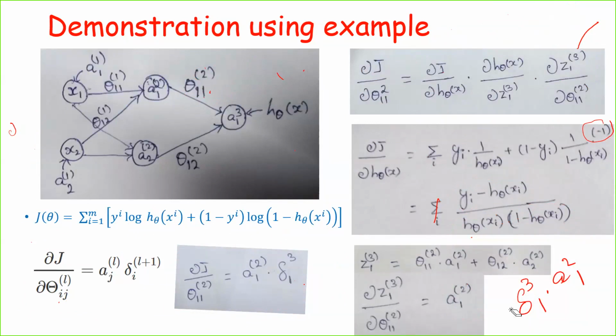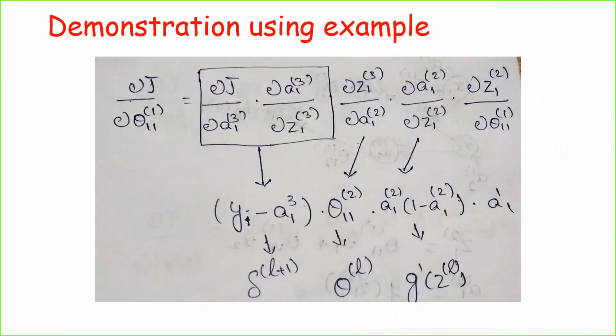So now you compute. Let us say that you want to compute this derivative with respect to theta 111. So when you took this derivative using the chain rule, derivative of j with respect to a13, a13 with respect to z13, z13 with respect to a12, a12 with respect to z12, z12 with respect to theta 111, right?